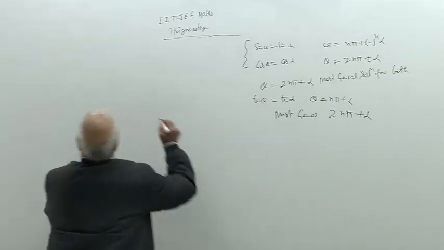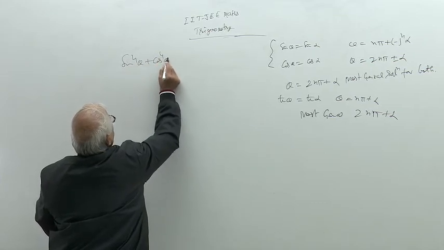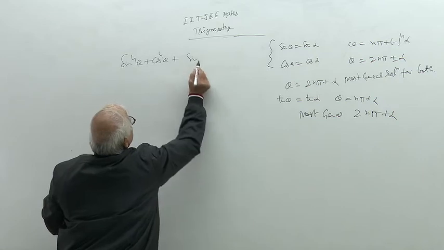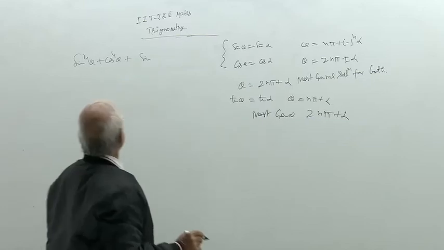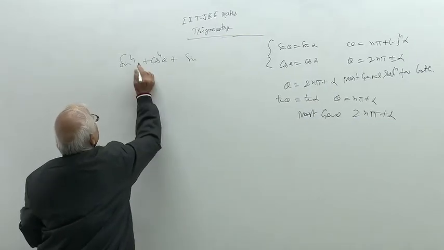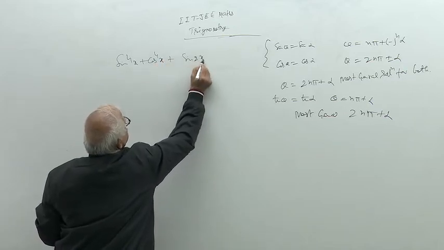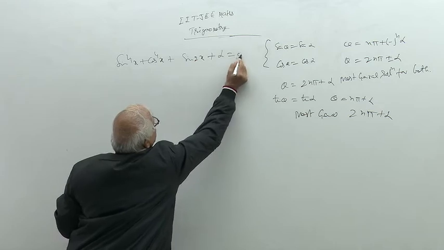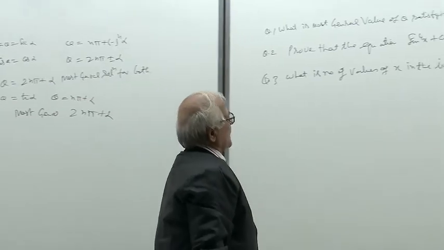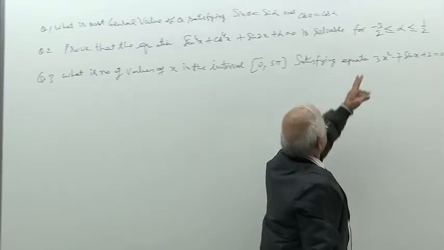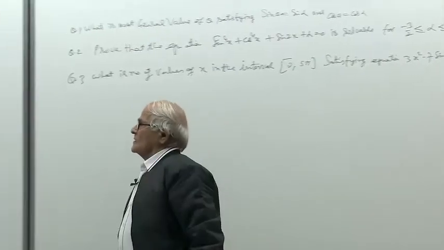Now you see here sin 4 theta plus cos 4 theta plus sin 2x here is given to us x. Here 2x plus alpha is equal to 0. Now we say this is solvable when the alpha lies in between 2. And now we see here.